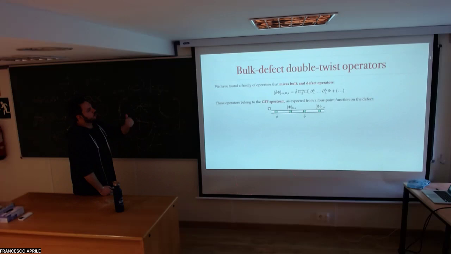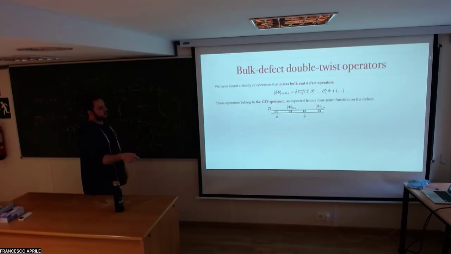Before moving on and showing you the other limits that we consider, let me first say a little bit more about the interpretation of this new family of operators. This bulk-defect double twist operator mixes bulk and defect degrees of freedom, but these operators are not something strange. They actually appear in the GFF spectrum. You can see this by considering the 4-point function inside the defect, with two phi-hat operators and two transverse derivative operators.